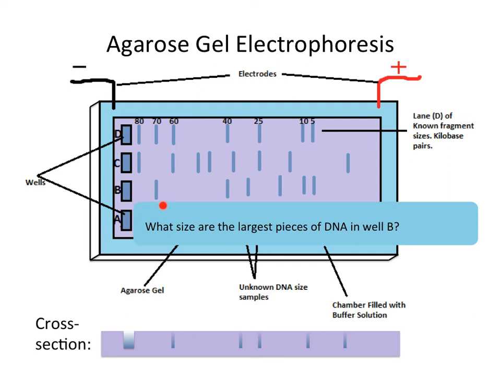Is that the largest piece of DNA that's running from lane B out this direction, or is it the one on the right? Smallest pieces go farther, or larger pieces go farther? Smaller pieces go farther. So we've got small down here, the farthest from the well. So that's the largest band of DNA that's in well B, the circled one.